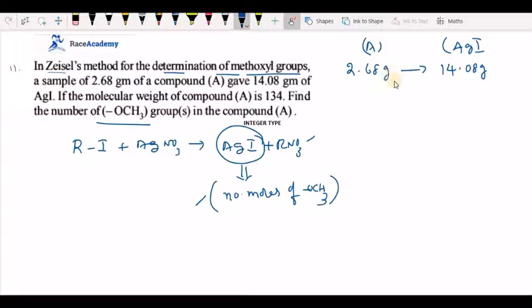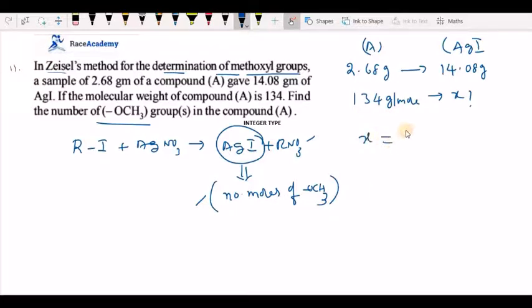They are telling that the molecular weight of the compound is 134 grams per mole, then find the number of OCH3 groups in the compound. That means if you find this value, you will get the mass of silver iodide. That mass you can convert into number of moles. So let us find out that one.